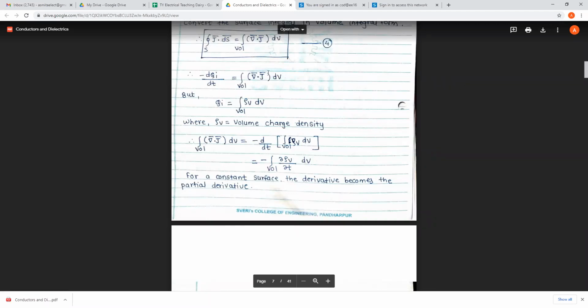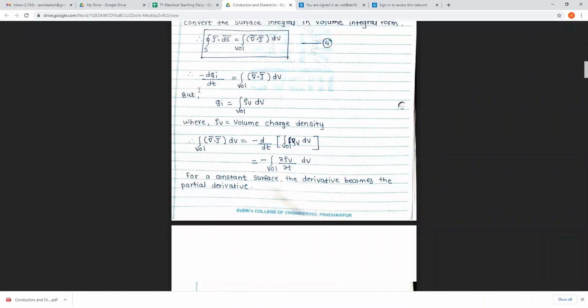Now we can find this del dot j bar as the current. When the current flows in the outward direction of the closed surface, that current is minus dqi upon dt.